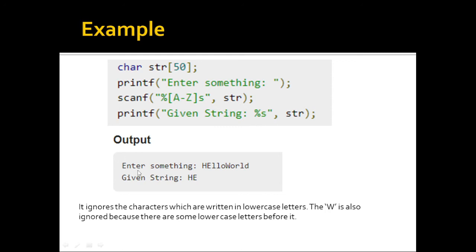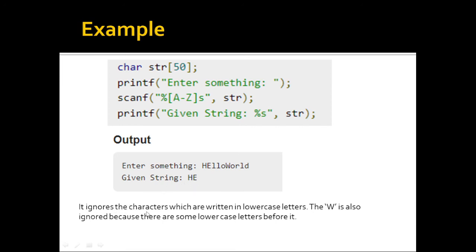Now let's say, for example, this is how the user entered the value. You notice that A to Z here is in upper case. That means from letter A to letter Z in upper case. So enter something: HELlo World. HE in uppercase, letter L in lowercase, W in uppercase, etc. So the given string will only output HE. Why?